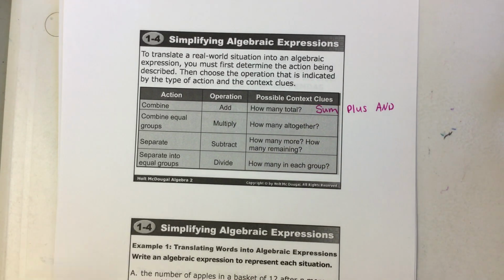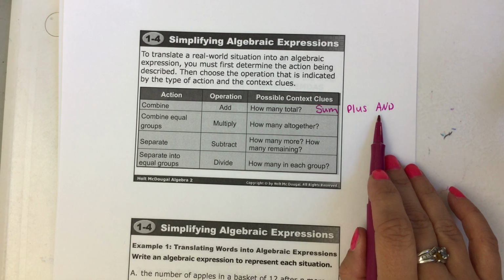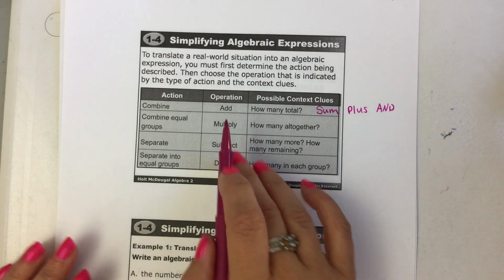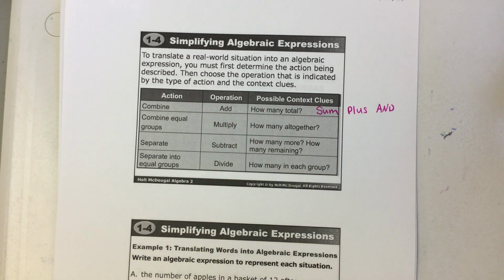Lots of times if you are finding the sum of something, the sum means your solution when you add. Lots of times it will say you have 5 red balls plus 3 more. How many would you have total? Or you might have 6 apples and you get 2 more apples. How many would you have? So some of those different words you want to pay attention to and see if you can identify those, and then you know you should add.